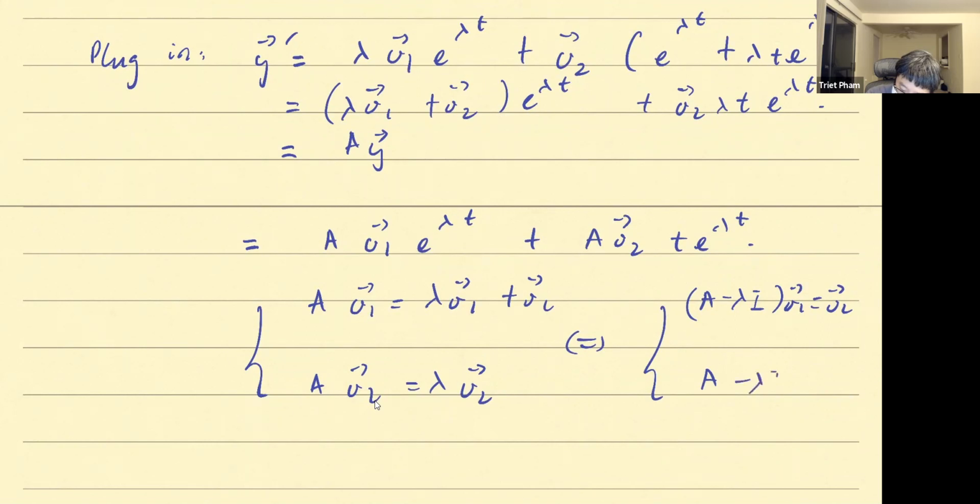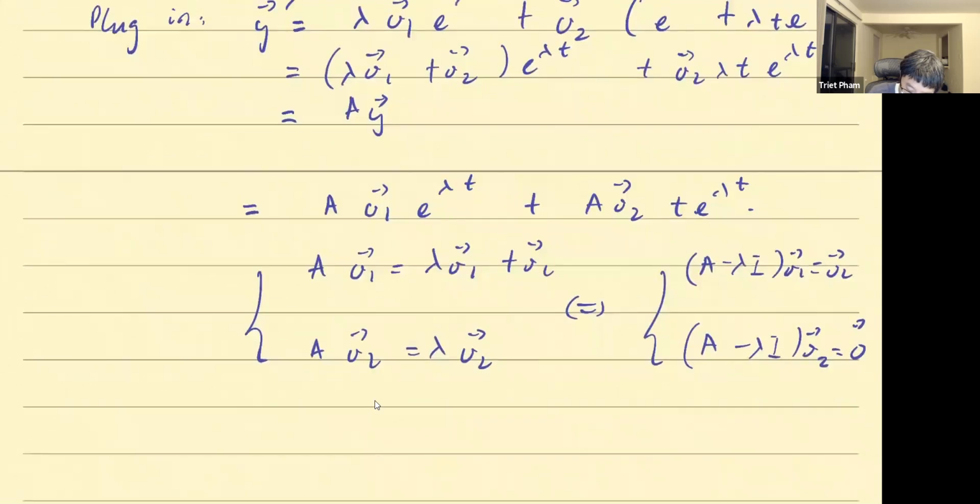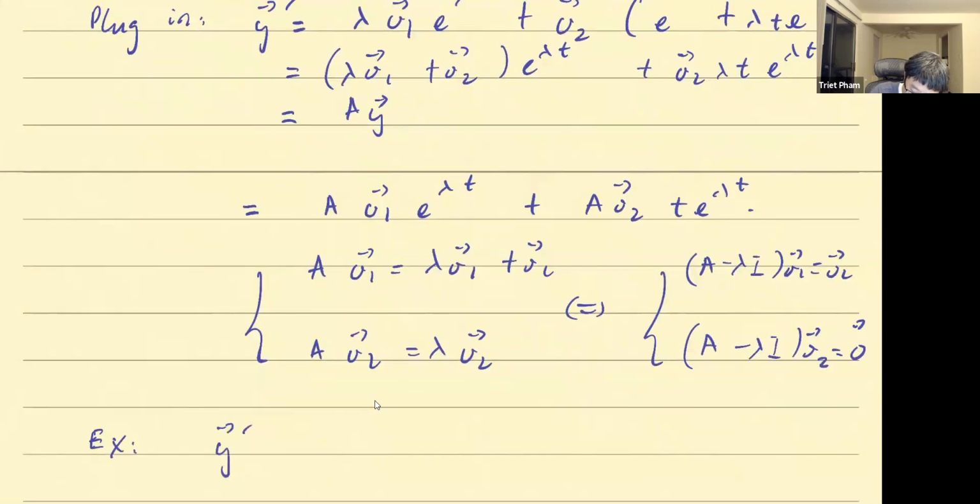A minus lambda I v2 is equal to 0. So the example is exactly what we just said. Y prime is equal to minus 2, 0, 1, minus 2 y.